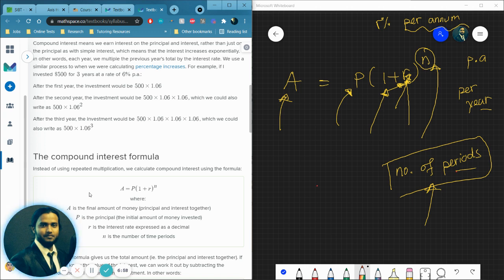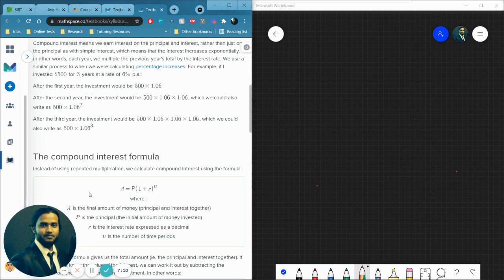And there is another complication to it, which is what if the number of periods and interest rate are not the same, and it's not synchronous. So what do we do? We can write the formula in a more detailed format where this is the interest rate, this is divided by n, and this thing becomes nt.